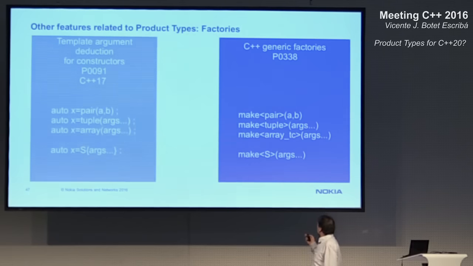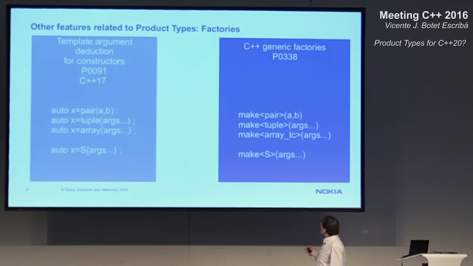Then I proposed some time ago to have a generic factory. We have not yet reviewed this proposal because we are trying to finish C++17, and we are fixing bugs. And this generic factory will allow us to take care of this problem.